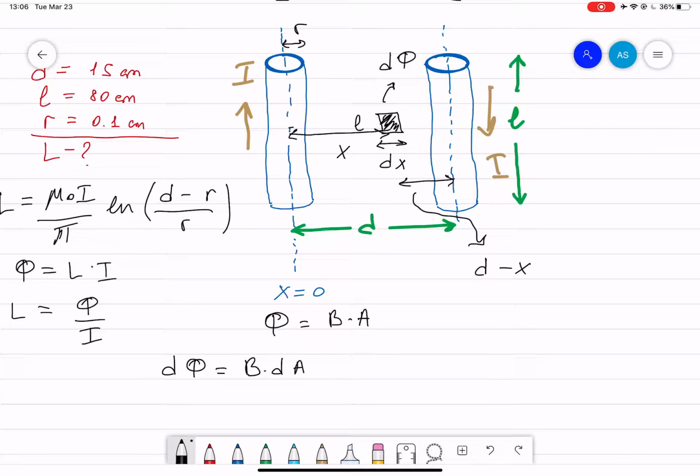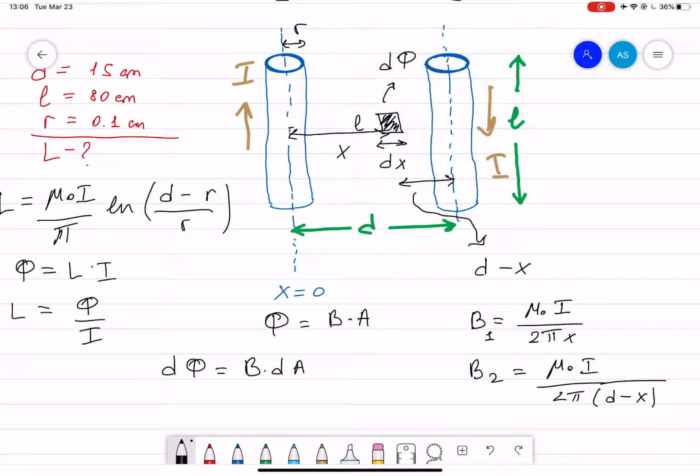Then what about B? The B of wire 1 will be mu naught I divided by 2 pi x, right? Then B2 is equal to mu naught I divided by 2 pi times the distance, which is d minus x, correct?